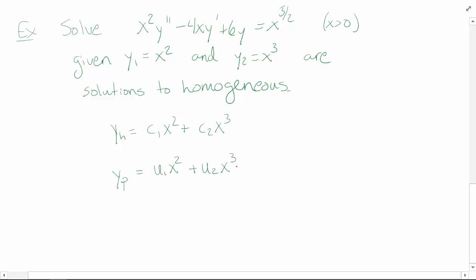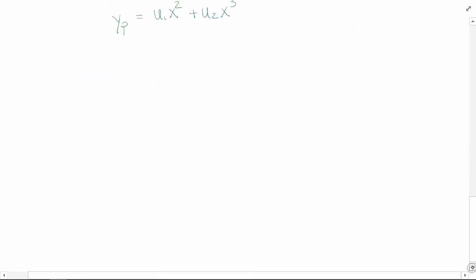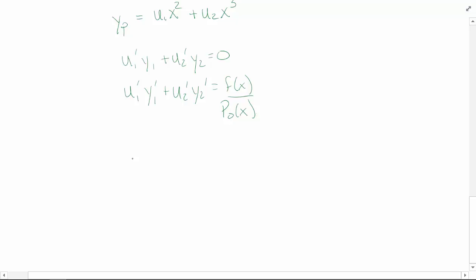To figure out what u1 and u2 are, I'm going to plug them into that system, which again looks like u1 prime y1 plus u2 prime y2 is equal to 0, and u1 prime y1 prime plus u2 prime y2 prime is equal to f of x divided by p naught of x. So u1 prime times y1, which is x squared, plus u2 prime times y2, which is x cubed, should be equal to 0.